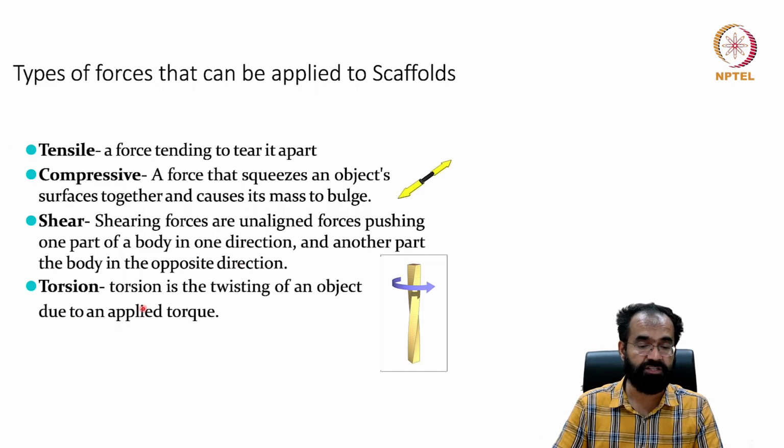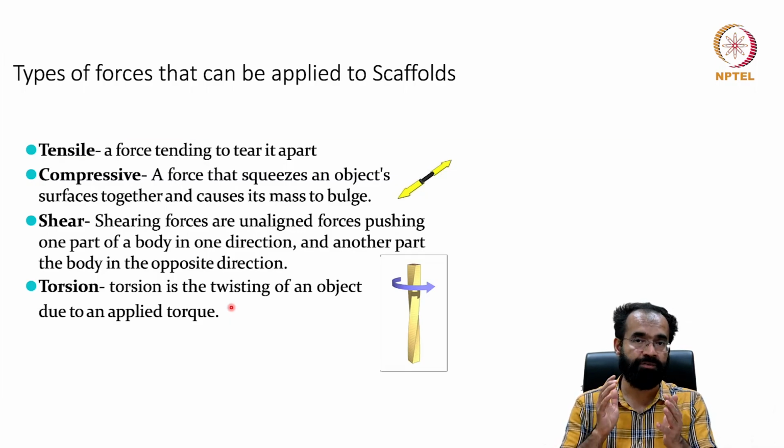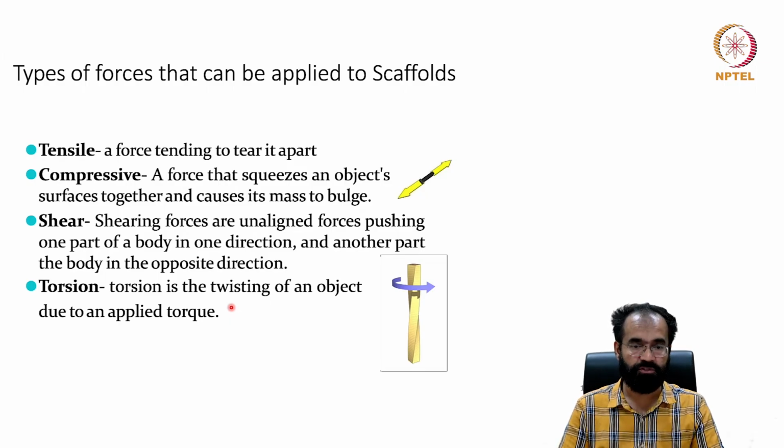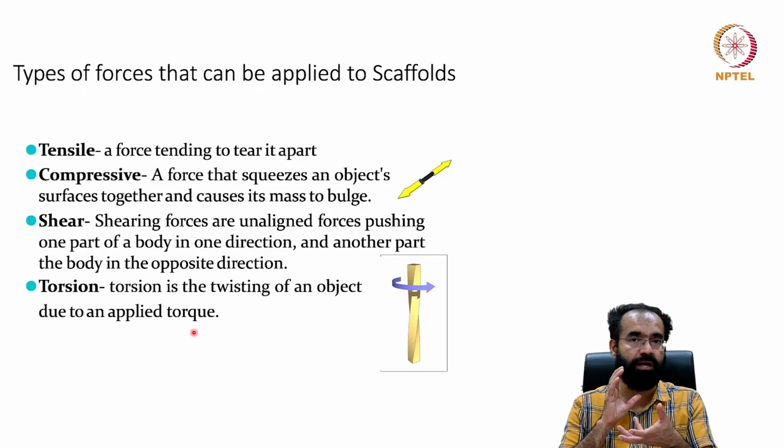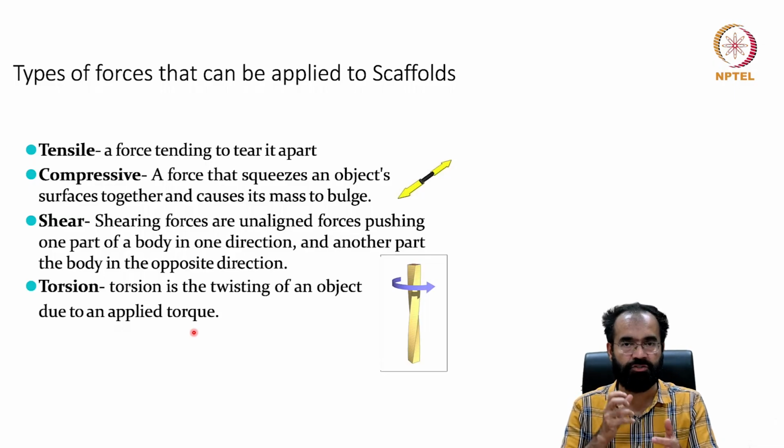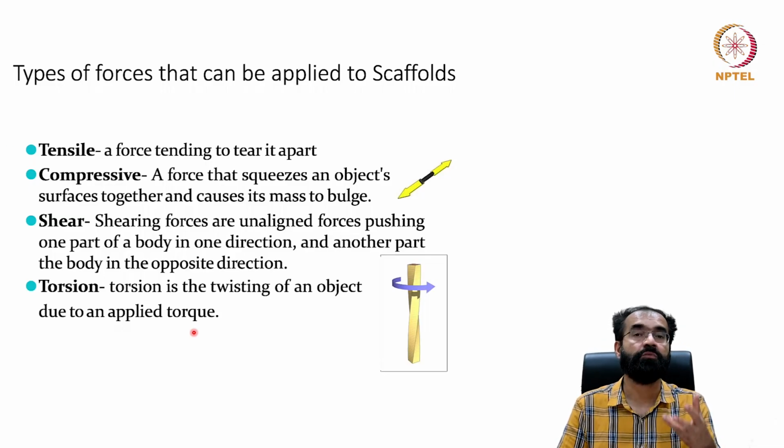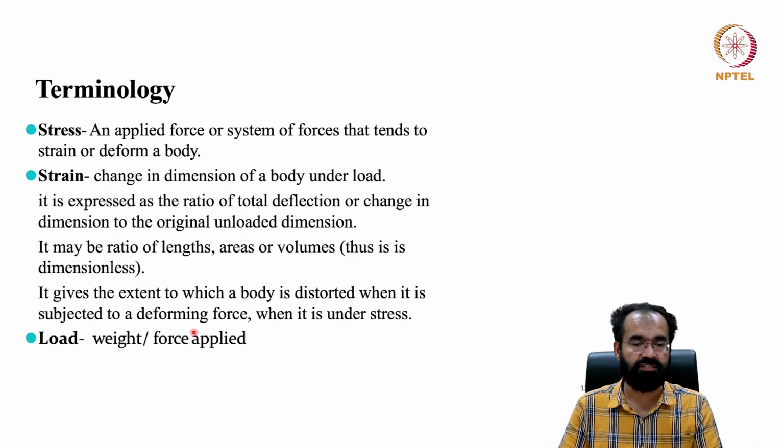And then comes the torsion stress. Torsion stress is the winding force on an object. That means one side of the object is pushed in one direction and the other side is pushed in the opposite direction. So a torque force when you apply, so it should be able to withstand it. You don't want the scaffold to keep breaking when any of these forces are applied.